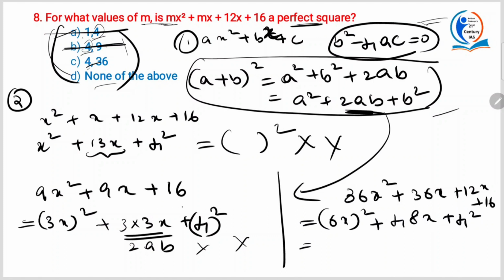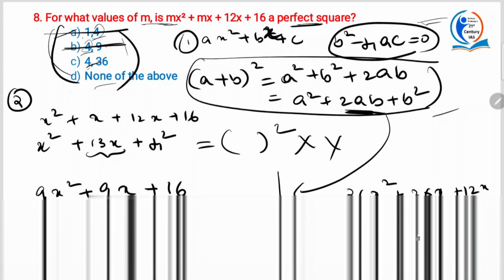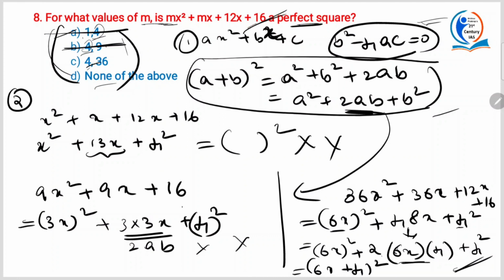Now this 48 can be written as 2 into, what is a here? 6x into 4. 2 6s are 12, 12 4s are 48. 2ab. It's written in the form of 2ab, no? So 6x whole square plus 2 into 6x into 4 plus 4 square. This is nothing but 6x plus 4 whole square. So when m is equal to 36, this particular equation can be written as a perfect square.